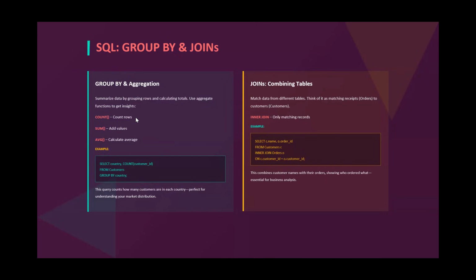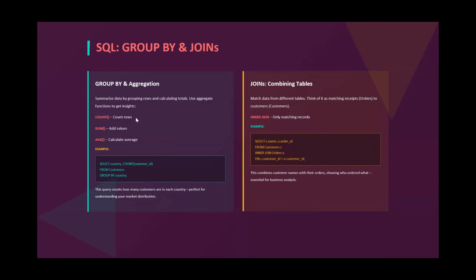SELECT country, comma, COUNT customer ID FROM customers, and then you are grouped by the country. So rather than a list of customers with their country names, orders and all other details, this will now give you the country name and the count of customers in each country.